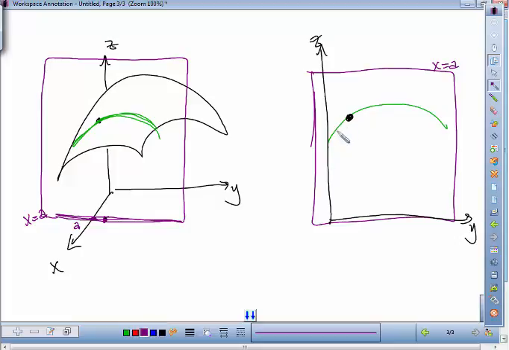And we want to find a vector, and so that vector will be on the plane, will be tangent to the surface, and will also be on the tangent plane.